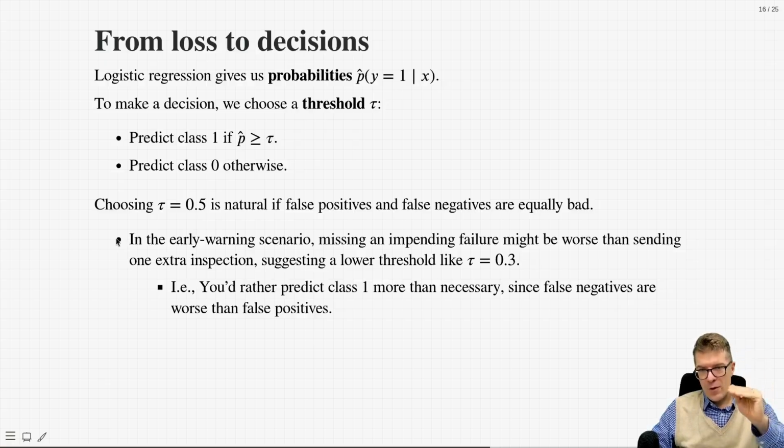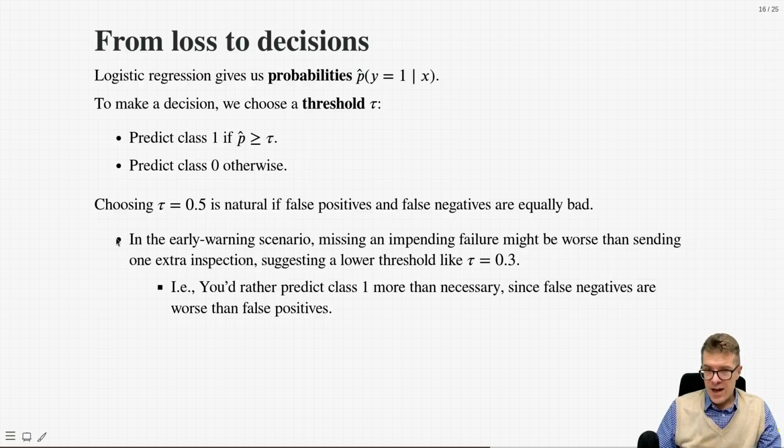If you lower the threshold tau, then you're going to end up having lots of outcomes that have probabilities above, in this case, 0.3. And we're going to say those are going to be thought of as positive outcomes. Even if something is 31% likely, I'm going to assume that this is true, it's a failure.